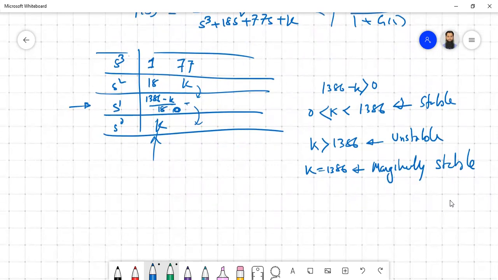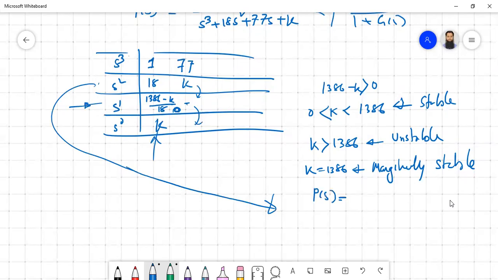If you want to find out what should be your location on the imaginary axis, you can also figure out from the auxiliary equation. So once you have the entire row 0, the row before that we have to form the auxiliary equation. So P is equal to 18 s squared plus 1386. Now from this one, you can set this equal to 0.